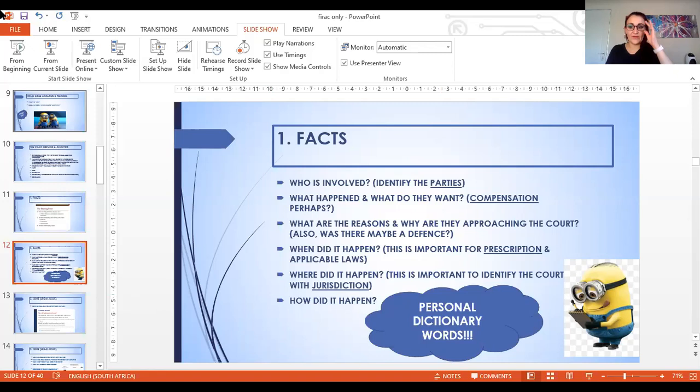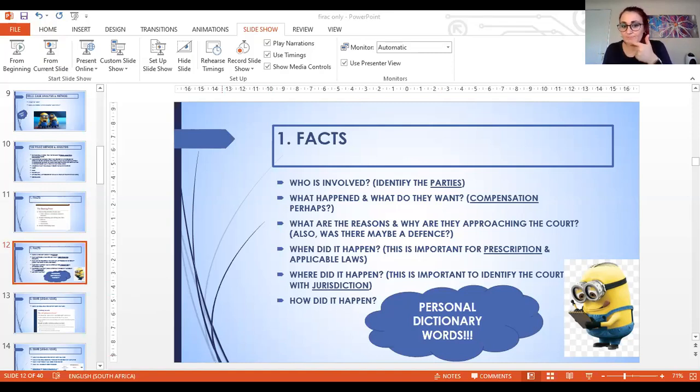So, for our facts for this particular judgment that we are using as an example, we can see that on the 20th of February 2010, the deceased was a pedestrian at the harbor. He was employed there. He suffered injuries. As a result of the injuries, he passed away. Okay. Now we can see that the applicant, the Road Accident Fund, is the appellant.